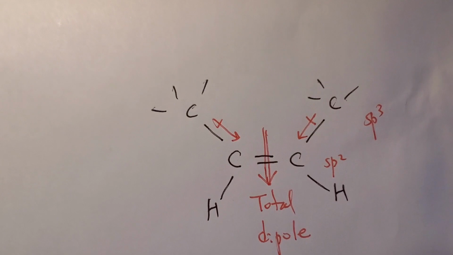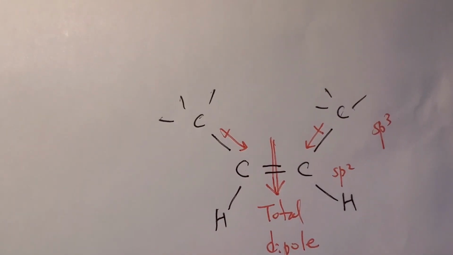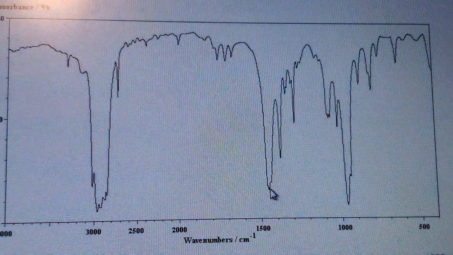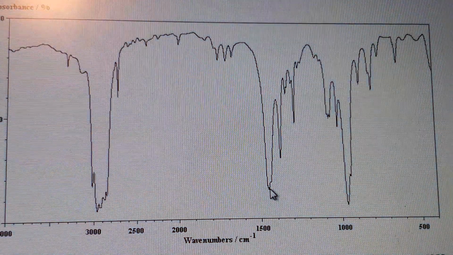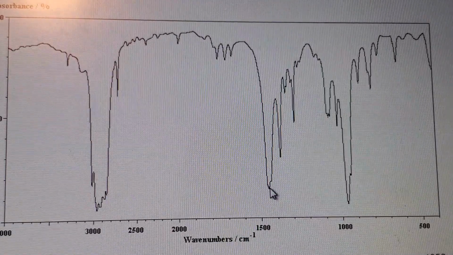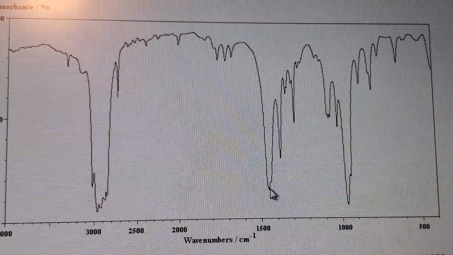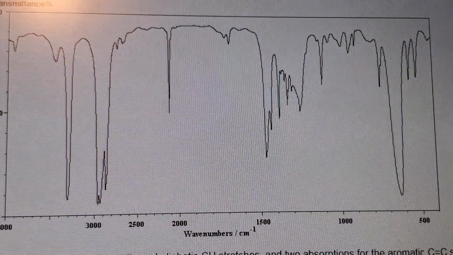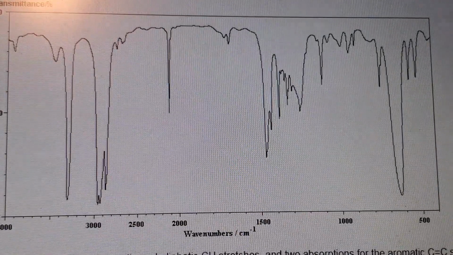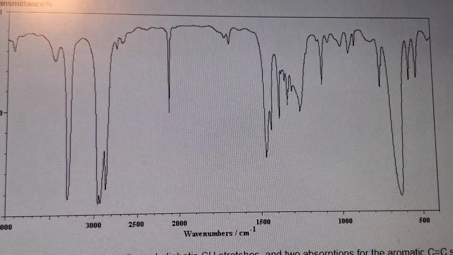You know that the spectrum is showing the cis isomer, not the trans isomer. So the answer for this is indeed that this spectrum is the one from cis-pent-2-ene. Take a look at this spectrum and find out, what do you see?